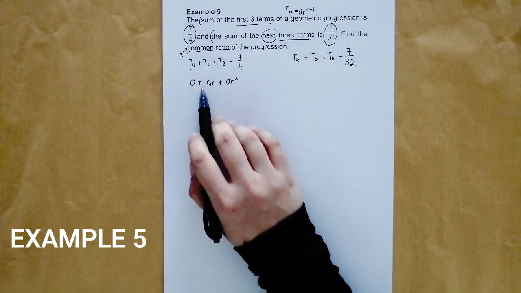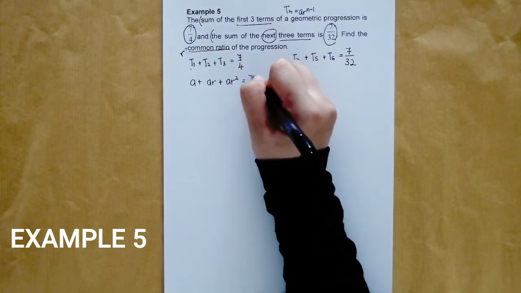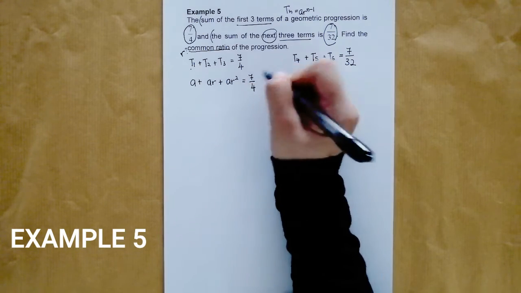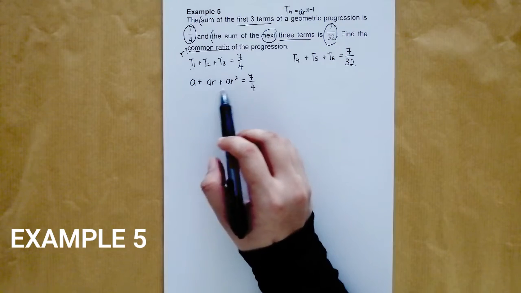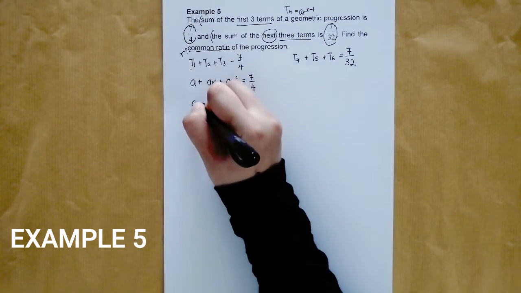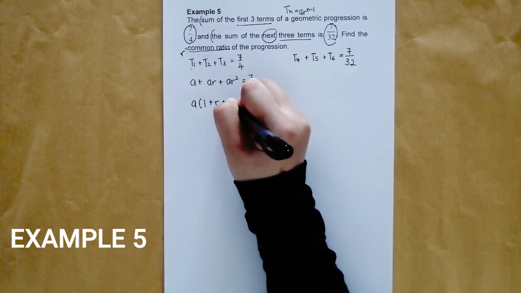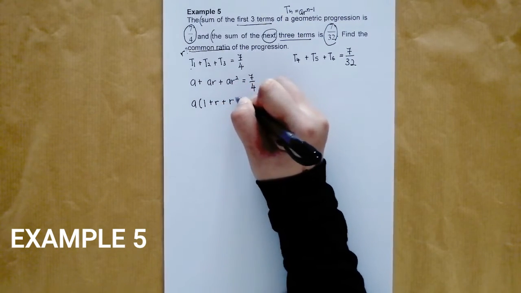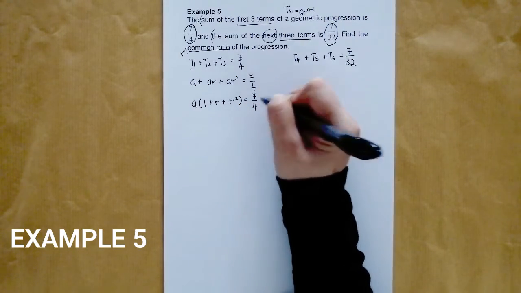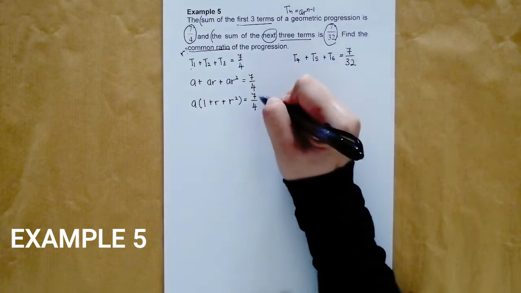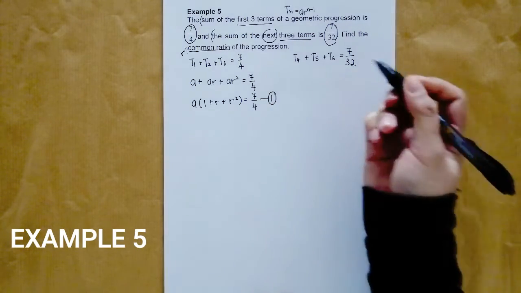So A plus AR plus AR squared equal to 7 over 4. Okay, we can factorize A. So we get A in the bracket 1 plus R plus R squared equal to 7 over 4. Alright, let's define this as equation 1.